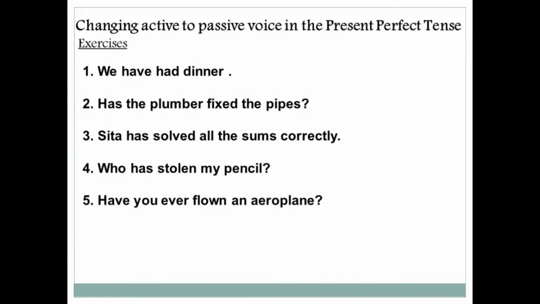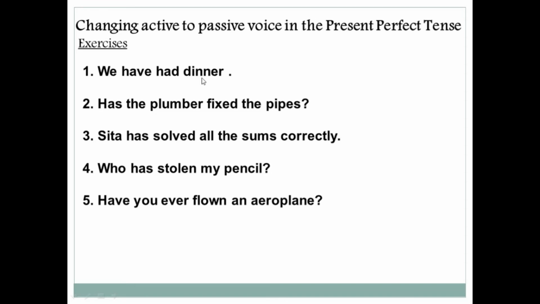Changing active to passive voice in the present perfect tense. We have had dinner. The rules to follow are: know the tense. This is the present perfect tense. Find out the subject, the verb, and the object. Which is the subject here? We is the subject. We has or have plus verb plus object.